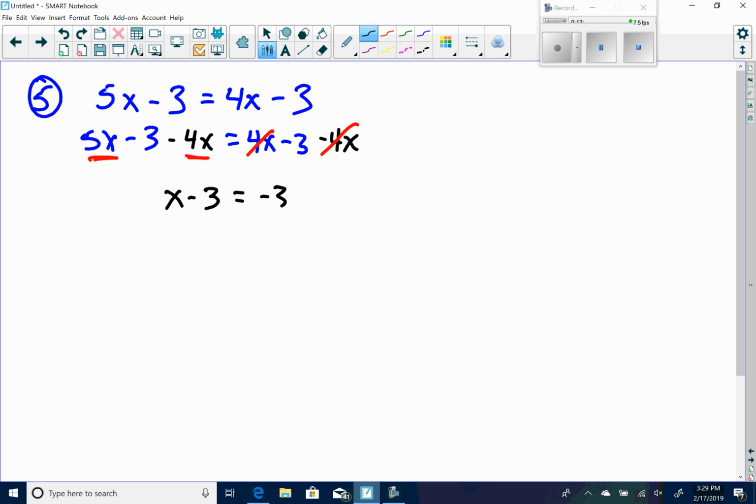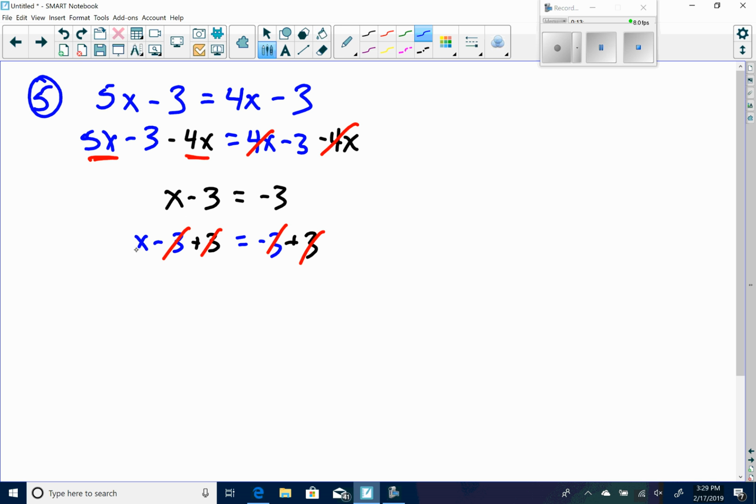And over here I'll be left with a negative 3. My next step is to add 3 to each side. So I'm going to have x minus 3 plus 3 equals negative 3 plus 3. So this is an interesting case here where the negative 3 plus 3 will cancel from this side and also from this side. But when things cancel, and I say it that way because they're going to equal a 0.